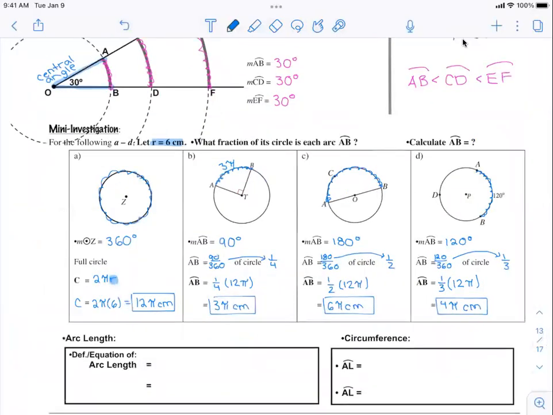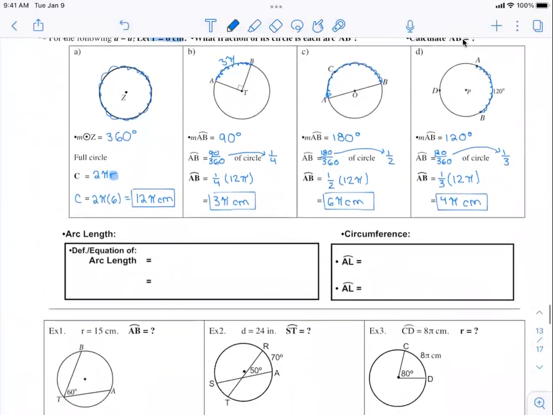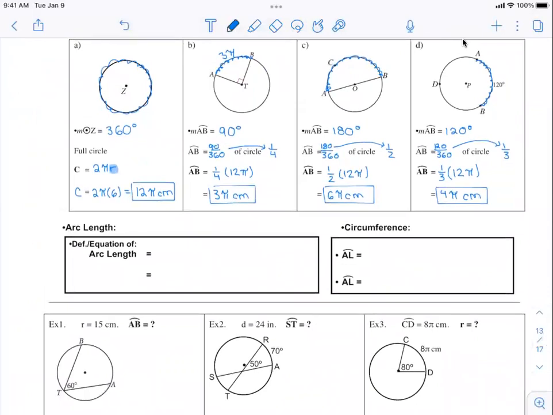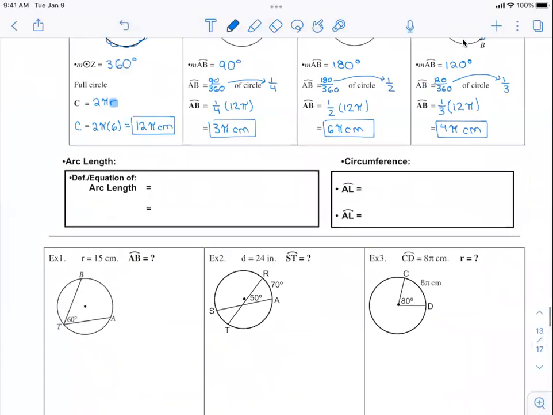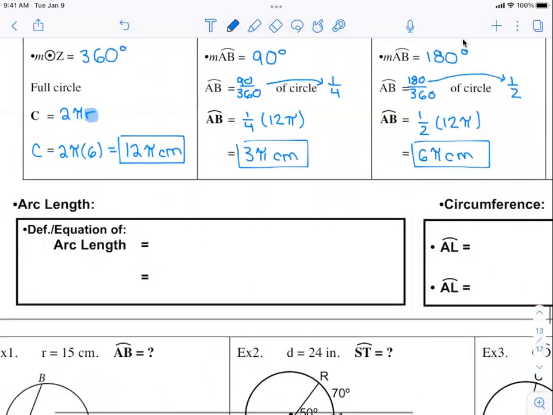So we went ahead and we calculated all of those. So how are we going to do this every time? You're going to apply what we did pretty much every time. Arc length is going to be a certain fraction out of the circumference, or you can think a percentage of the circumference, or the fraction, which is the arc degree out of 360 degrees times the circumference.